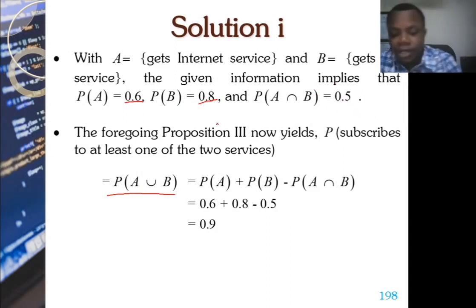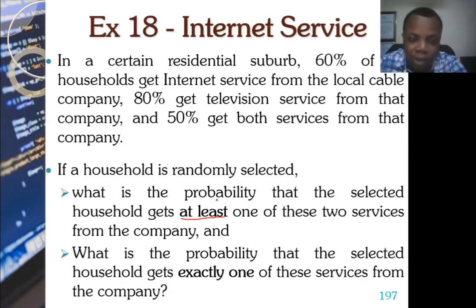Now, going back to the first question, what is the probability that the selected household gets at least one of these two services? This term "at least" means that the household could get either internet service or television service.